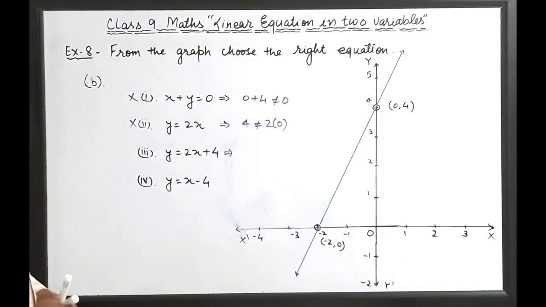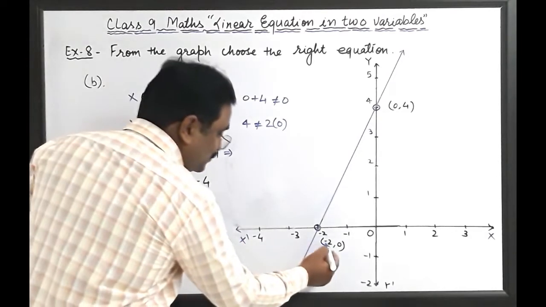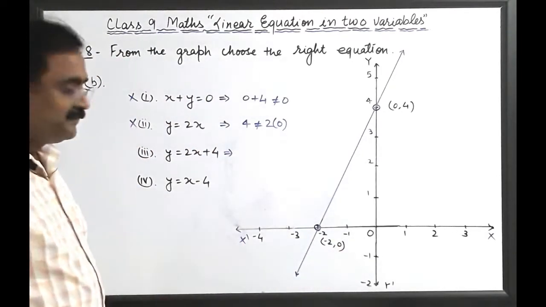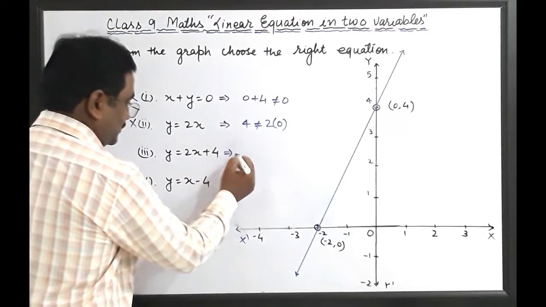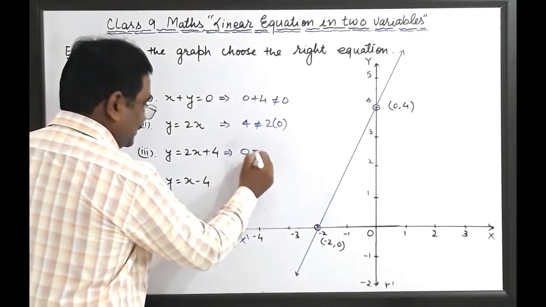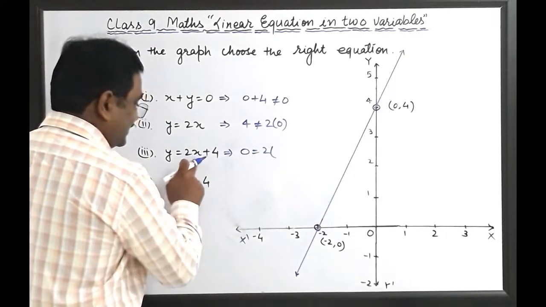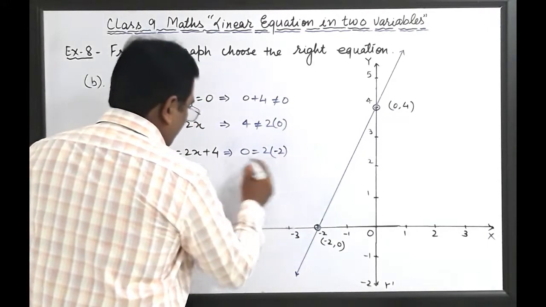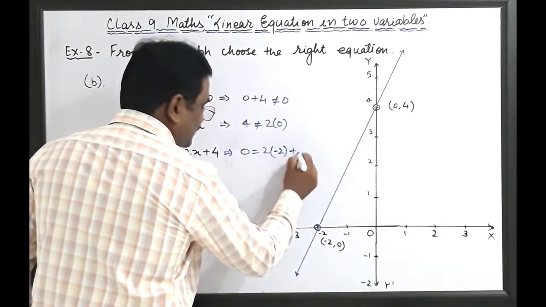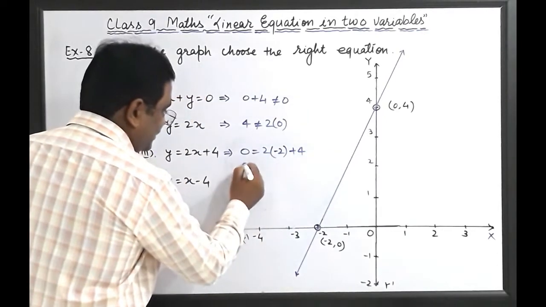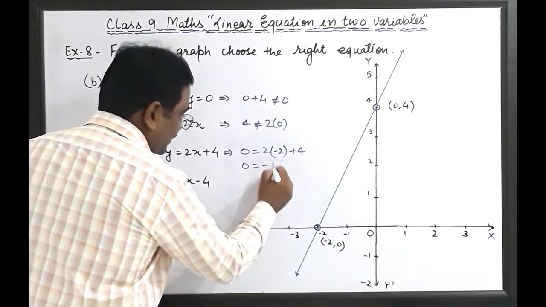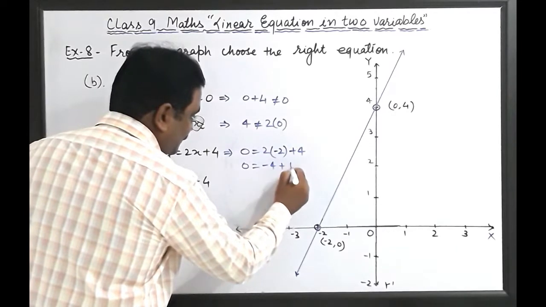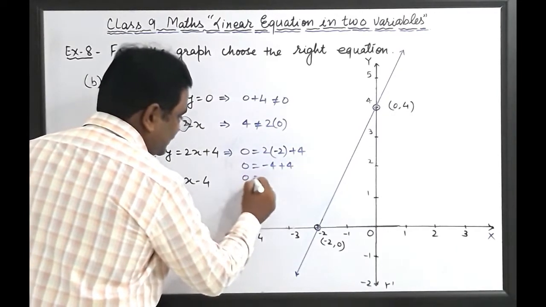In this second, it is given x is equals to -2, y is equals to 0. So substitute here. y is 0 equals to 2 multiplied by x, and the value of x is -2, plus 4. Let us simplify it. 0 equals to -4 plus 4, and this is 0.